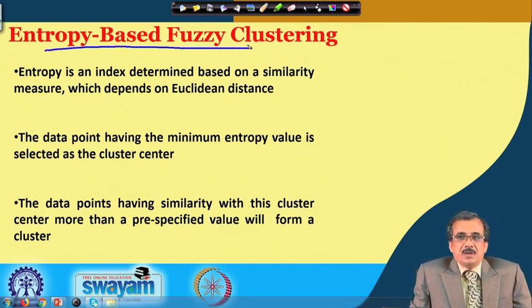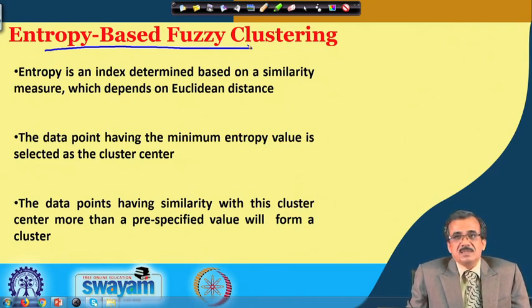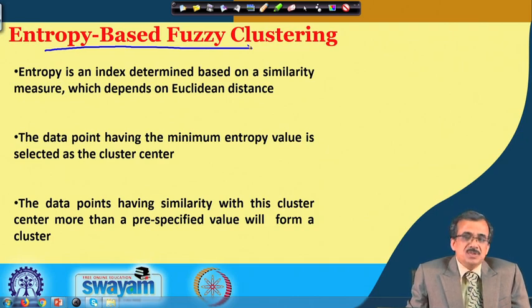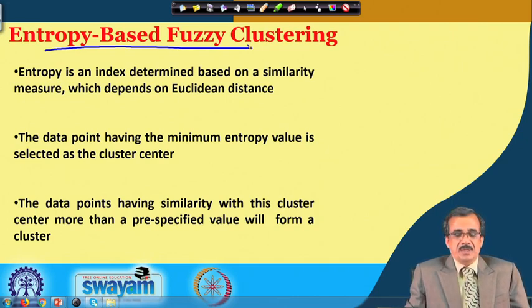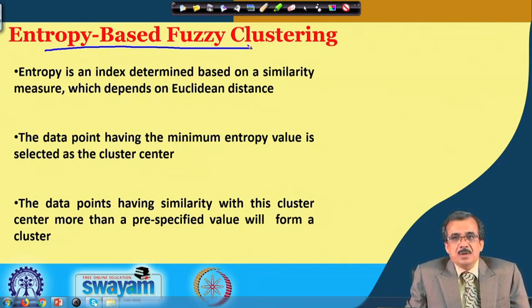Now, here we are going to use a term that is called the entropy, and which is nothing but an index. This particular index is used just to identify which one should be the cluster center. Supposing that we have got a large number of data points in multidimensional form, and our aim is to identify who should be the cluster center.